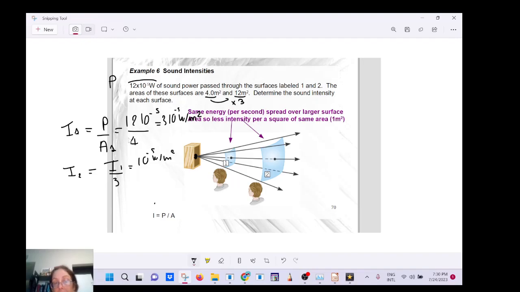Or you can use the equation and you will get the same thing. It means the same amount of energy is going through this one and through that one, except this area is 3 times larger. So the amount of energy going through one little unit area is going to be divided by 3. The intensity is the energy per unit area.